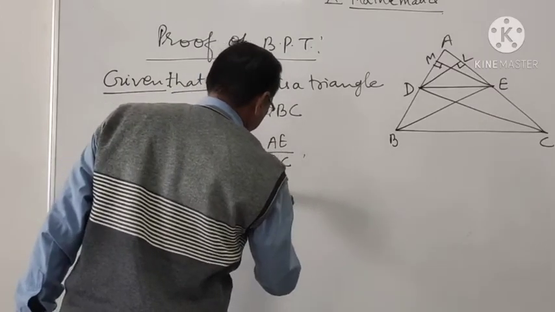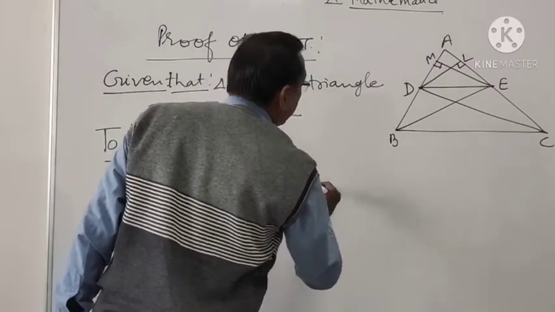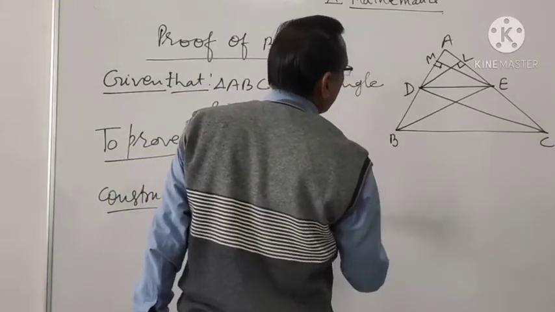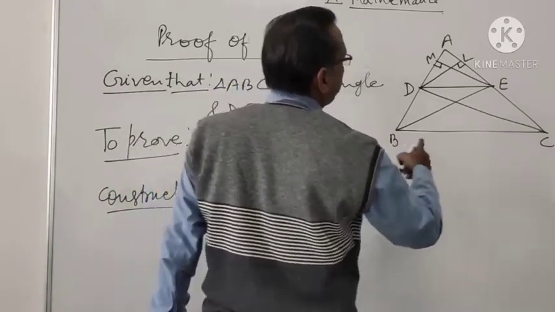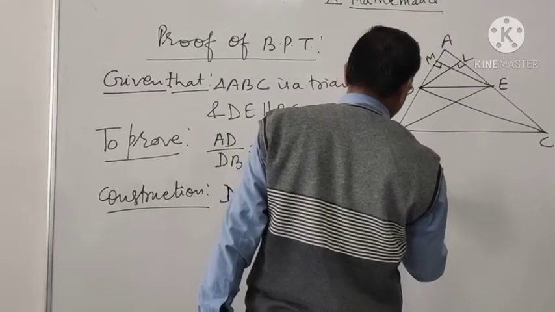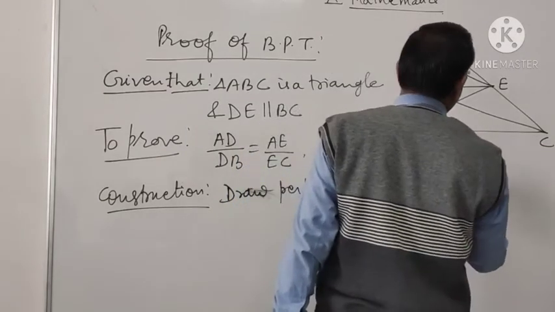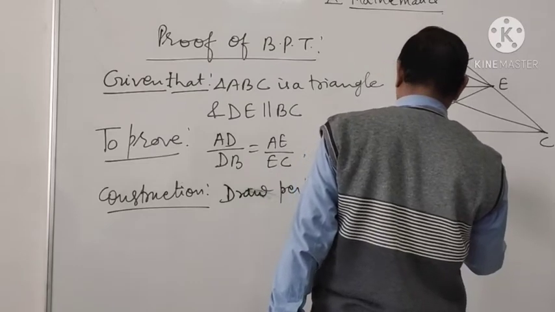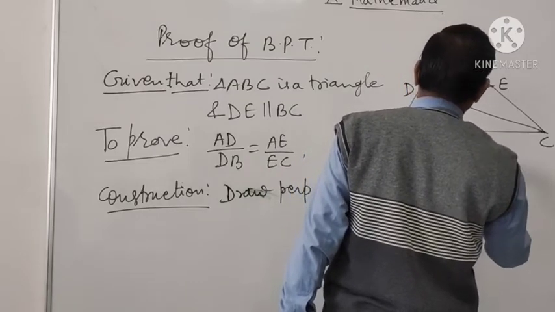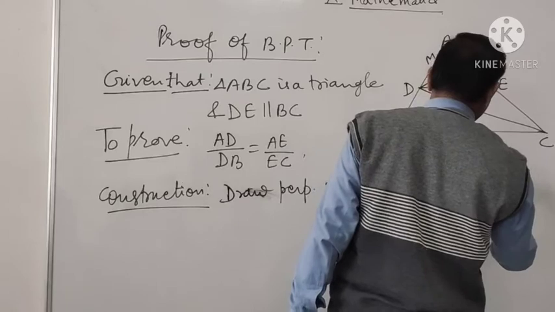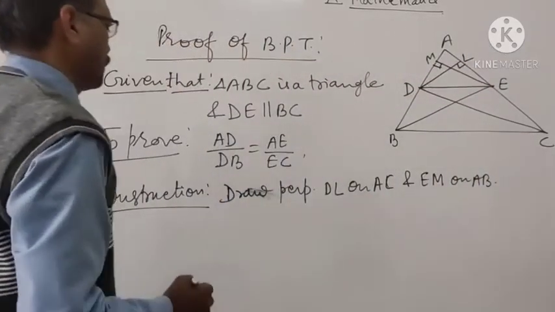Construction: draw perpendicular DL on AC and EM on AB. Now the proof.